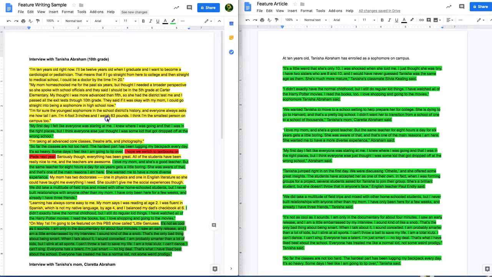And now I'm going to look over here back at that information and see if there's information I need to include. I think right here we want to include maybe some of this, the youngest sophomore here.